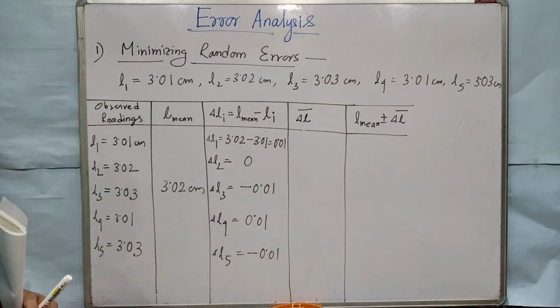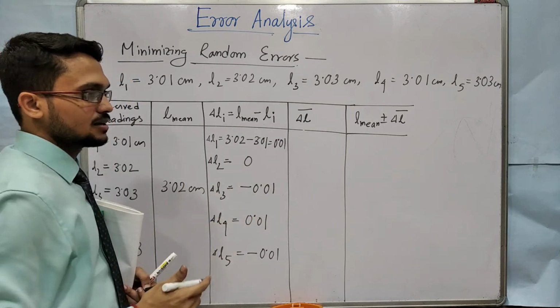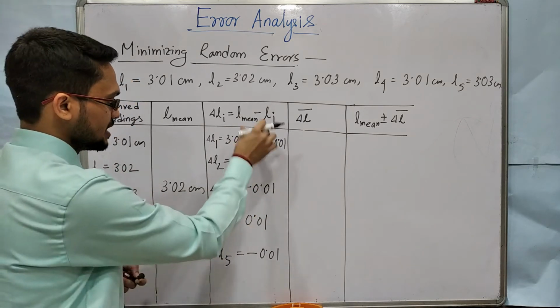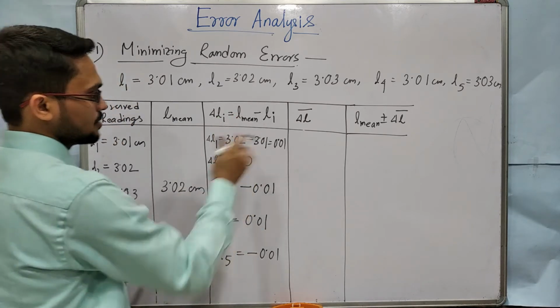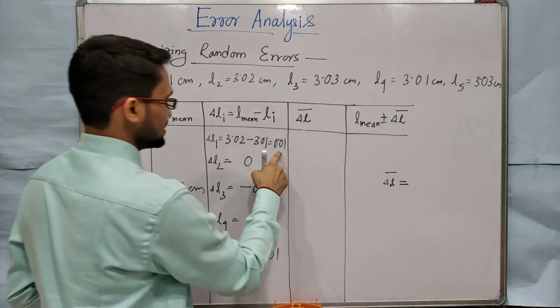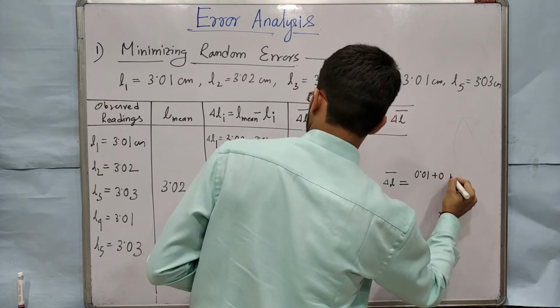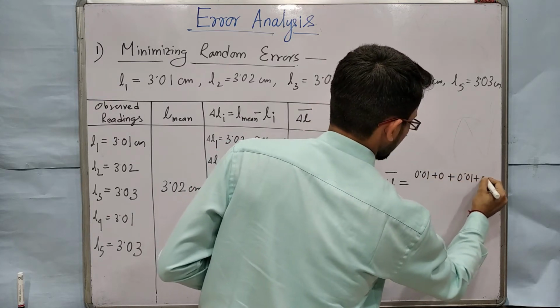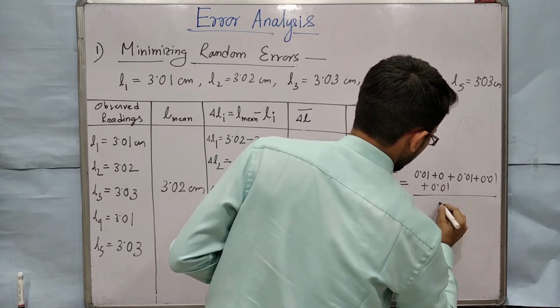Okay, so how to calculate the error? Using that formula. Sum of their mod values divided by the number of terms. Sum of their mod values means only the magnitude, no minus sign. So delta L average is 0.01 plus 0 plus 0.01 plus 0.01 plus 0.01, divided by 5.